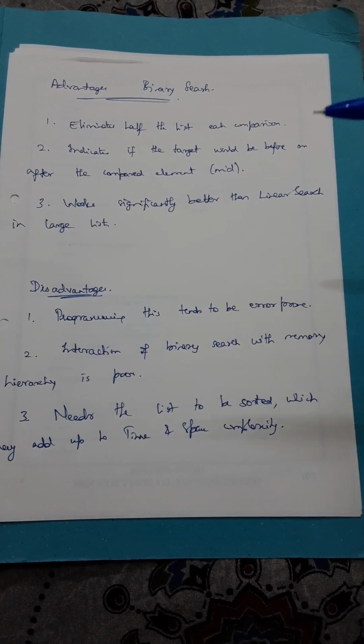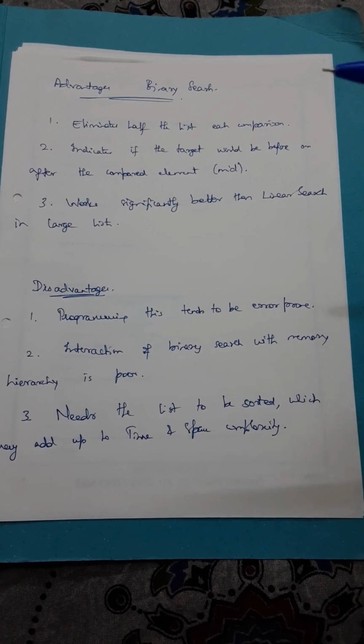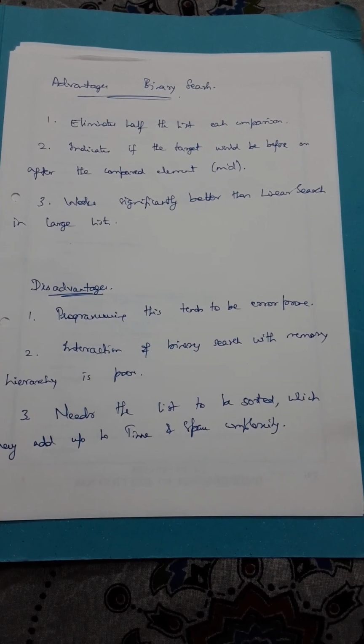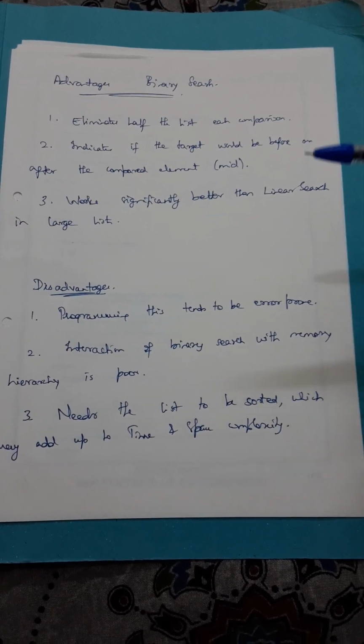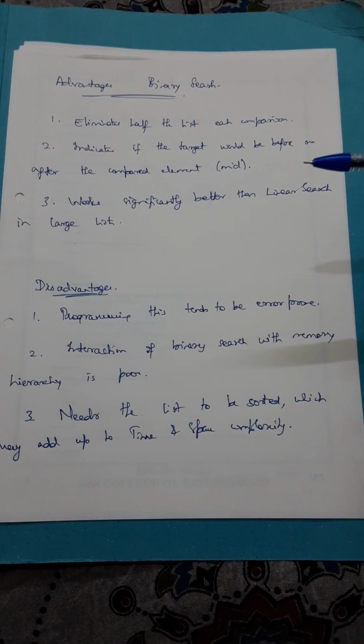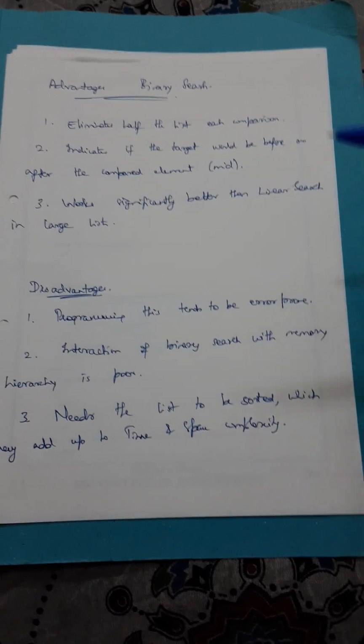It works significantly better than linear search in larger lists. Last time when we were looking at linear search, I asked you to imagine a 1,000 element list and how you'd have to search every single element, 1,000 comparisons, to find a particular element. Binary search doesn't need 1,000 times. You could just halve it each time.